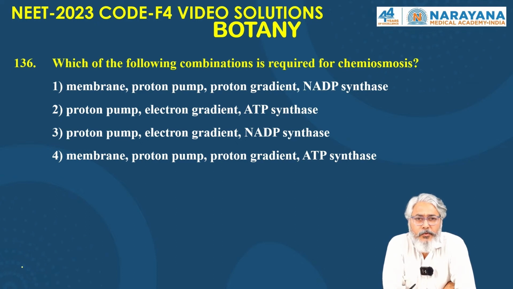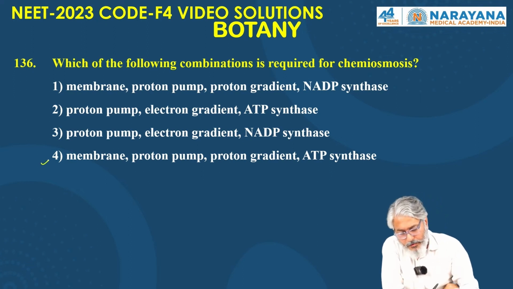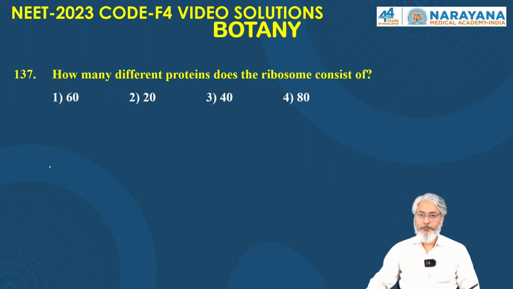So when you go to option number 1, ATP synthase is not there. When you go to option number 2, electron gradient is not required. Option number 3, electron gradient is not required. Option number 4, membrane, proton pump, proton gradient, and ATP synthase all are given. That's why the answer is the fourth one.